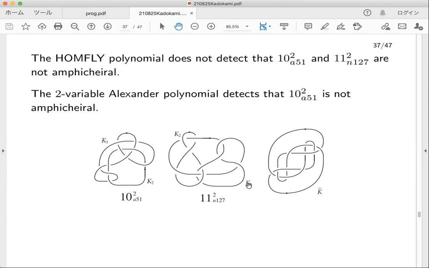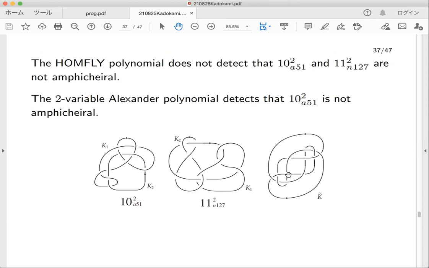Then K1 is lifted to K tilde. By calculating the Jones polynomial of K tilde, we could show that this is not Amphicheiral. So the original link is not Amphicheiral.